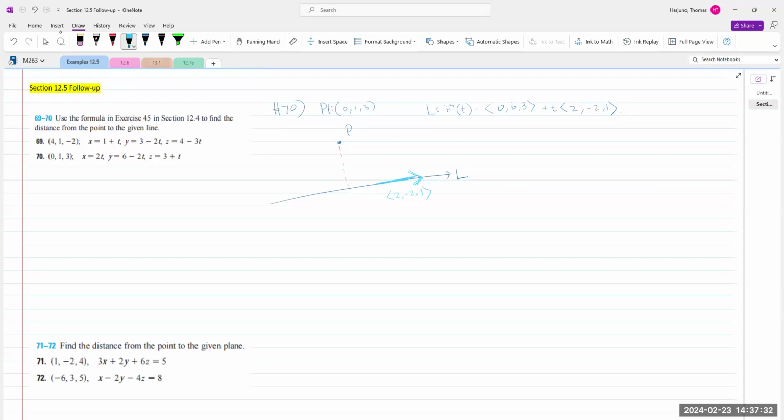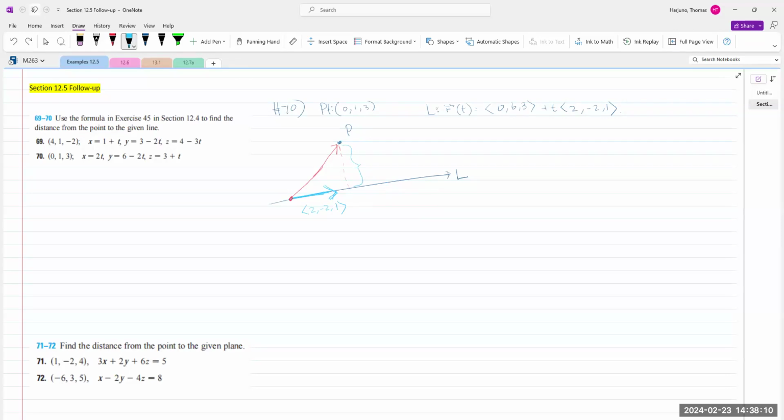What we will do is find a vector from a point on L to P. Now the idea is I will form a parallelogram, right? And basically find the distance from P to this L here. Which, if you think about it, is basically the height of the parallelogram. That's what we plan to do.